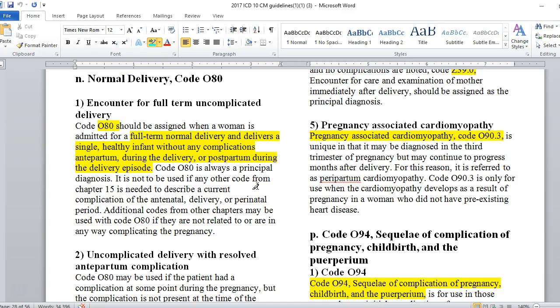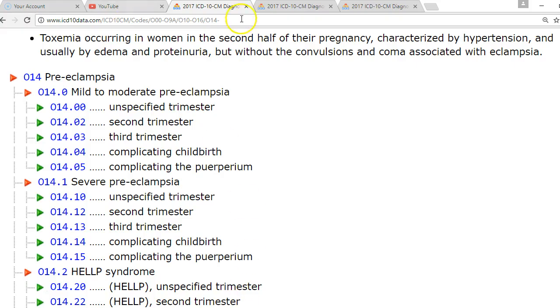It is not to be used if any other code from Chapter 15 is needed to describe the current complication of the antenatal, delivery, or perinatal period. Additional codes from other chapters may be used with code O80 if they are not related to or in any way complicating the pregnancy. So again, O80 is very, very specific. So we're going to look at O80 for a second.